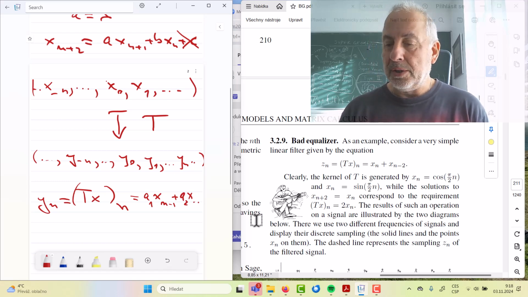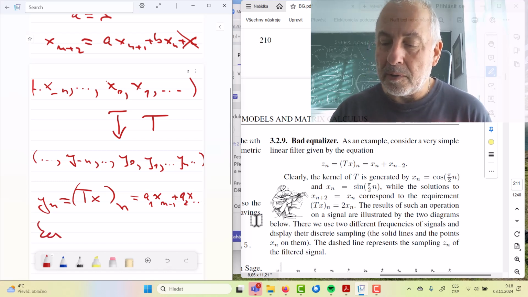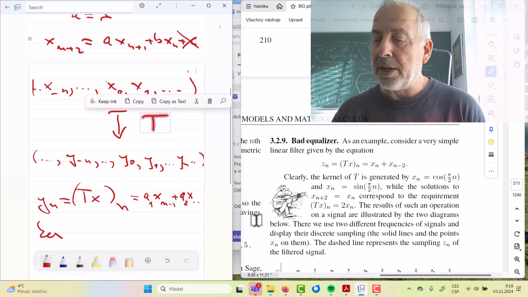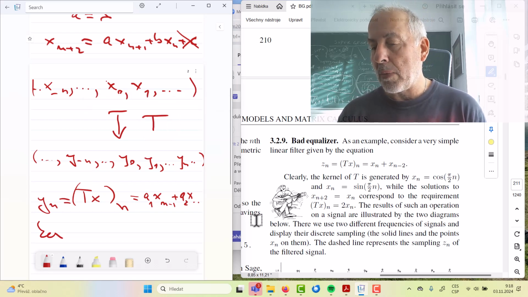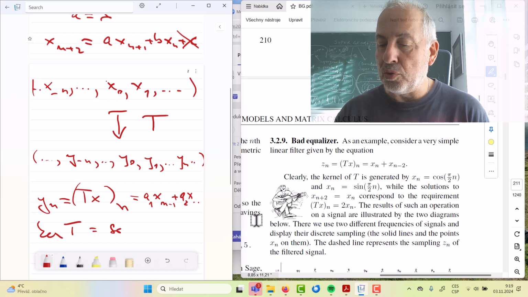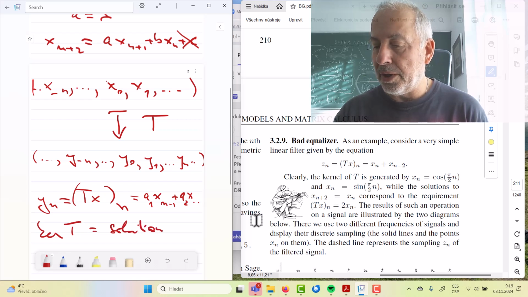And you see that T is clearly a linear map, and the kernel of the map is the solutions to the linear recurrence.